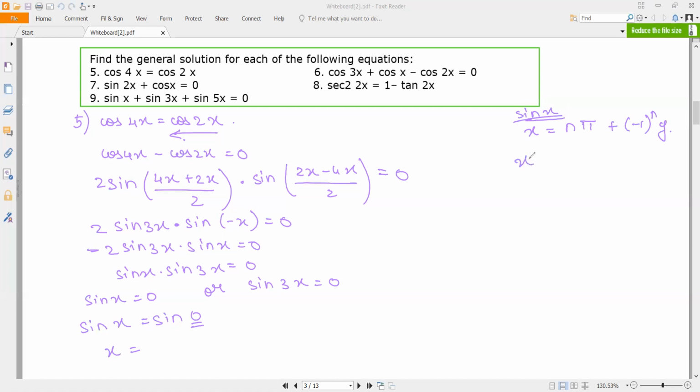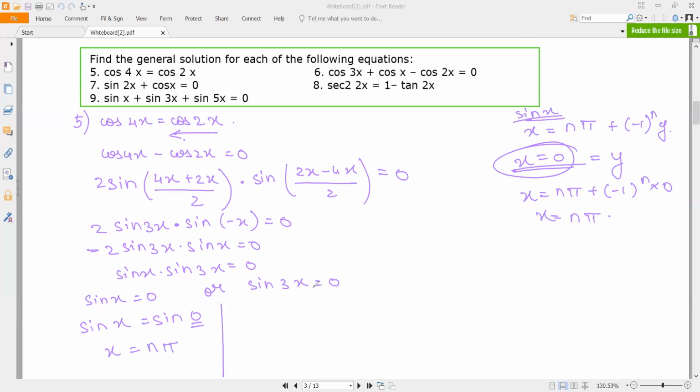If your x is equal to 0, that means this is the smallest value of x, which will be considered as y. So your general solution of x will be n pi plus minus 1 to the power n into 0. This is equal to n pi. So for sin x is equal to 0, your general solution becomes x is equal to n pi.